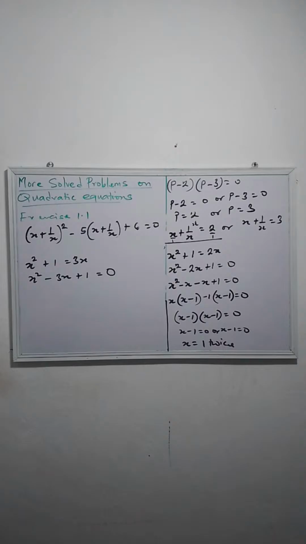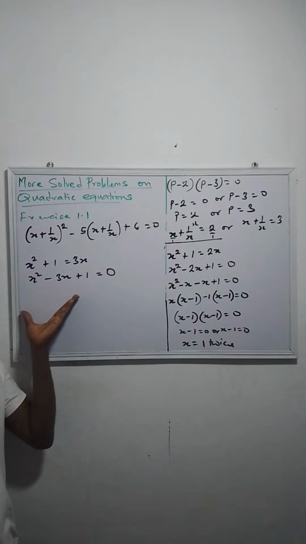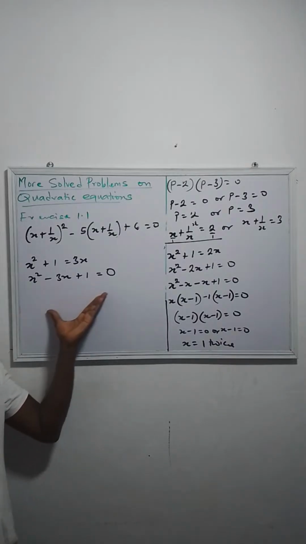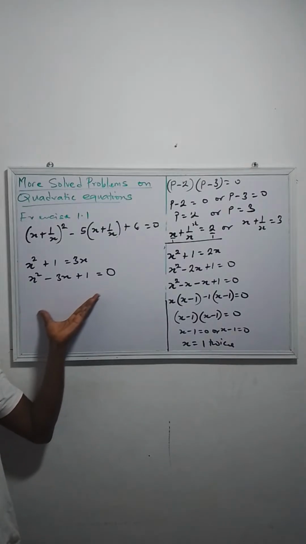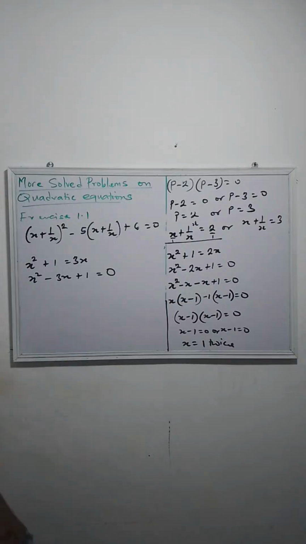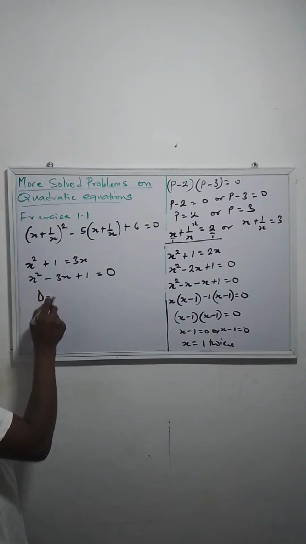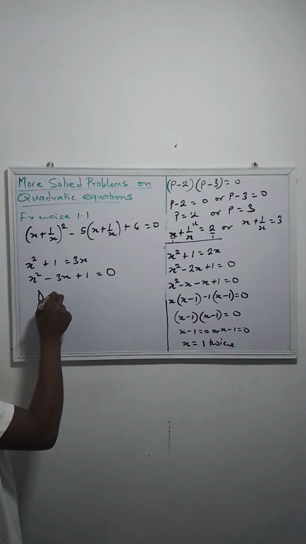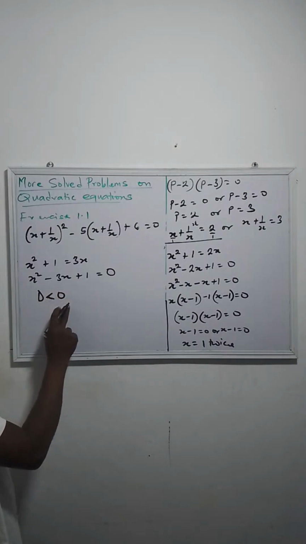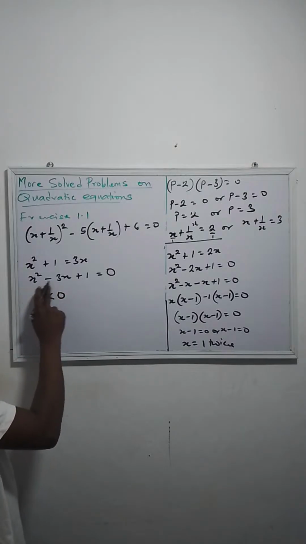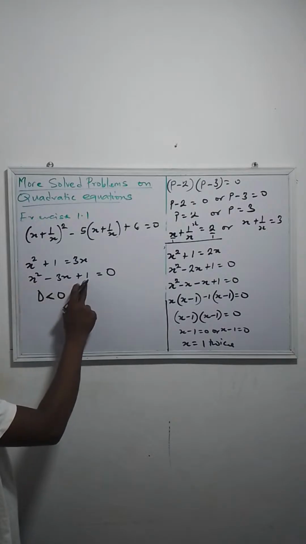By the time you solve this, you may have a complex solution, because if the discriminant D is less than 0, the solution is going to be a complex number.